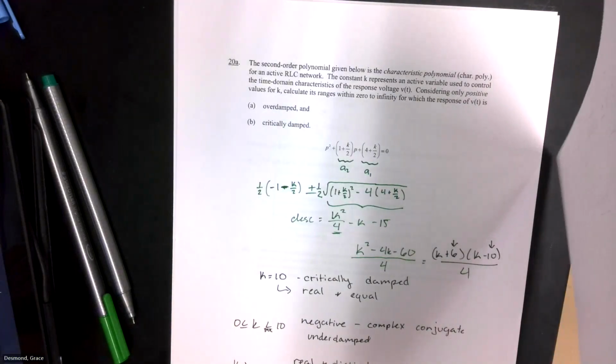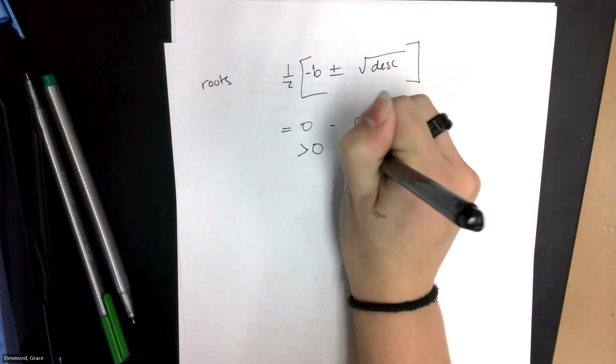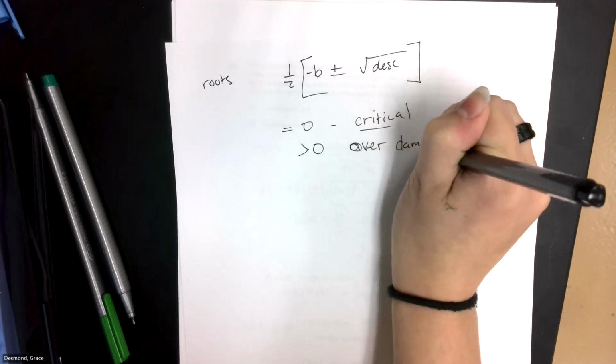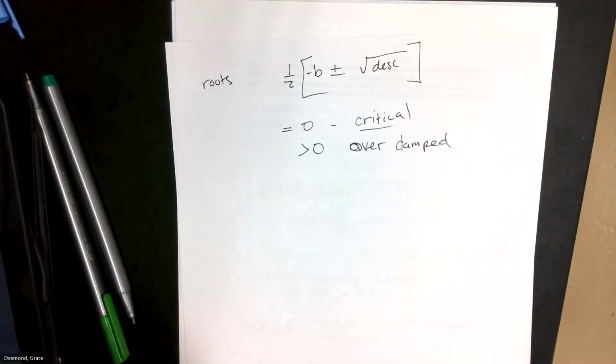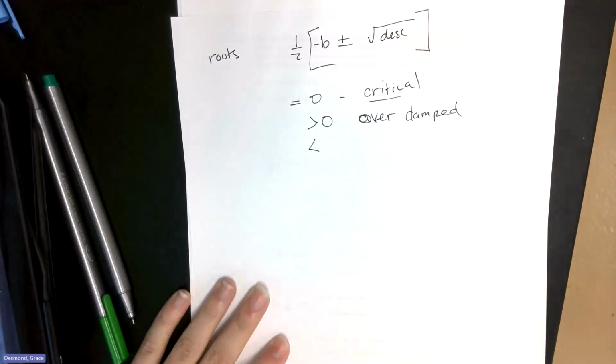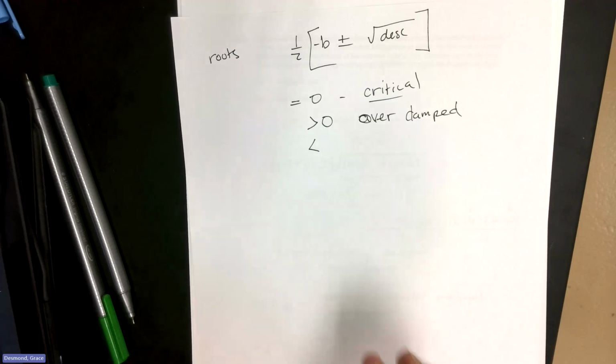That one's going to be overdamped. And then if it's less than 0, that's bad. You're going to get imaginary numbers. That is when you're going to get underdamped.